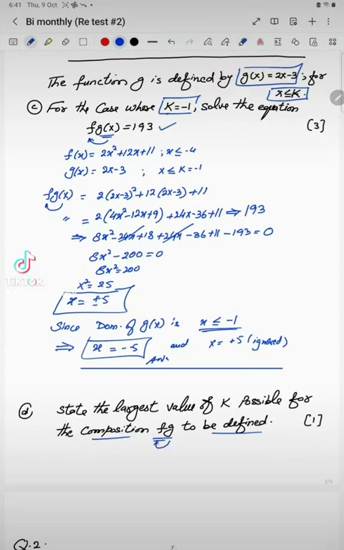So f is inside g, and in the question it is given that f of x is defined with domain x less than or equal to minus 4. Here it's even mentioned.